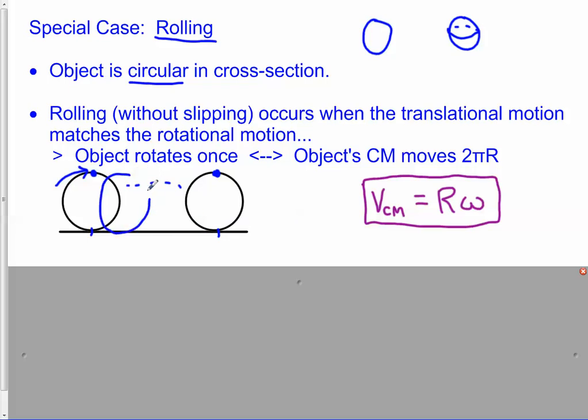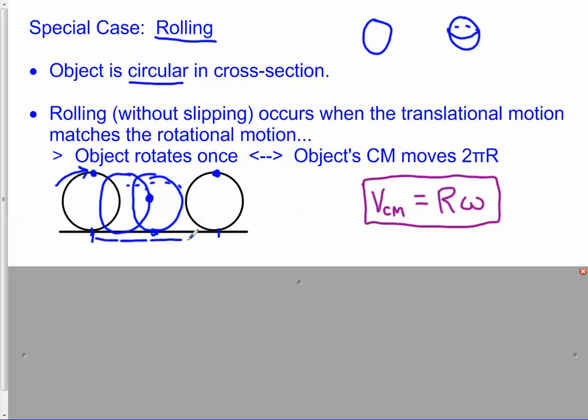Just to draw some intermediate pictures, maybe here that point was like here, and then maybe here the point was down at the bottom. And then as this thing kept rolling, now it's rolling back up to here. So that one point kind of went down and then up. Basically, imagine cutting the circumference and laying it out.